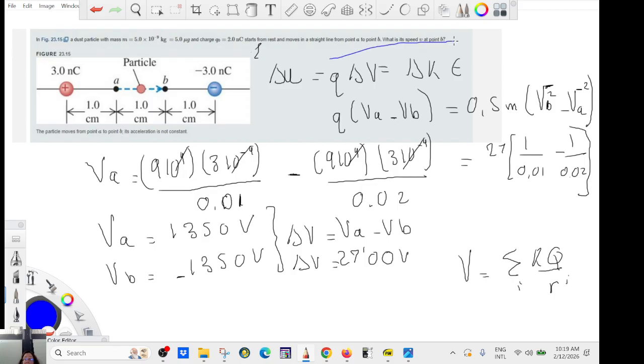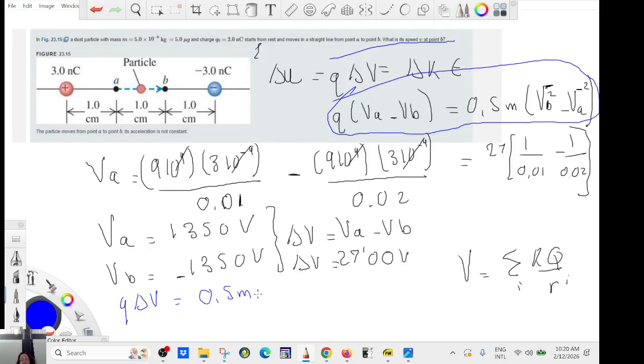So then you're going to apply these equations here, except it's confusing because this is a speed. We have the speed. So you have Q delta V equals the change in kinetic energy.